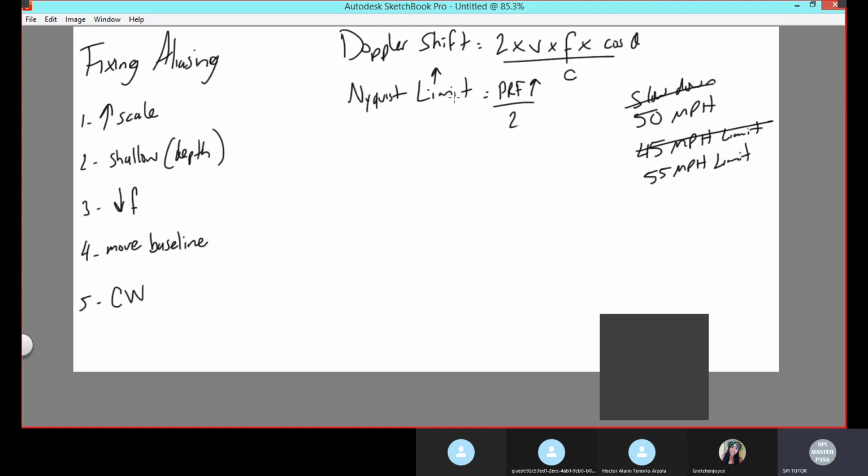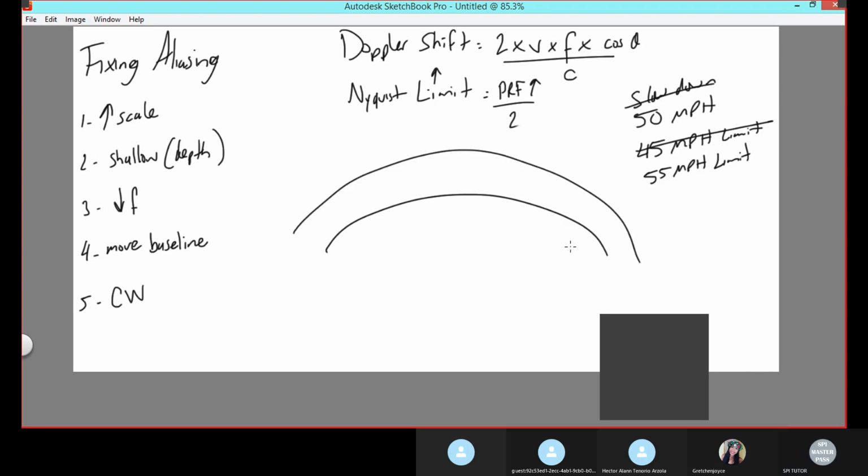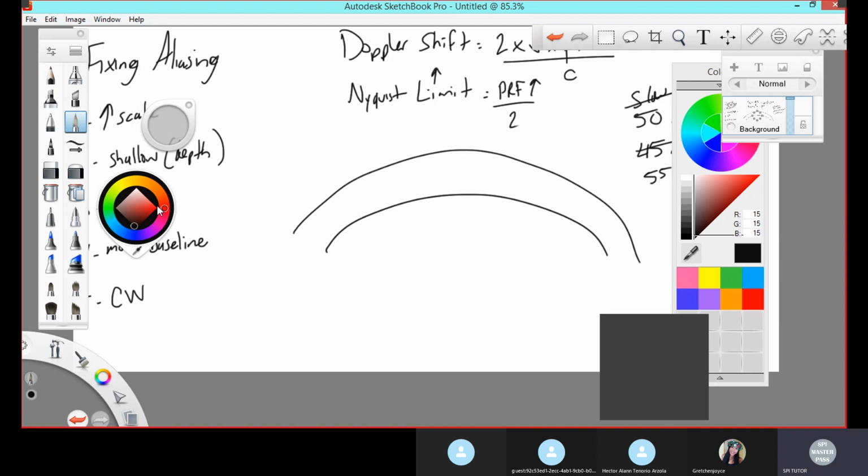Number four is to move the baseline. Okay. And here's this example. Let's get some pretty colors in here.